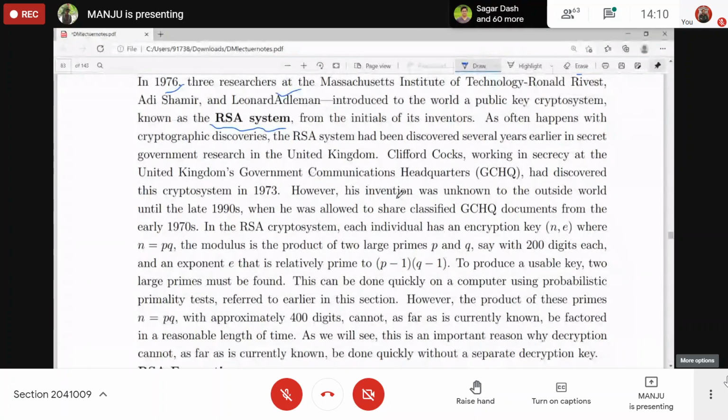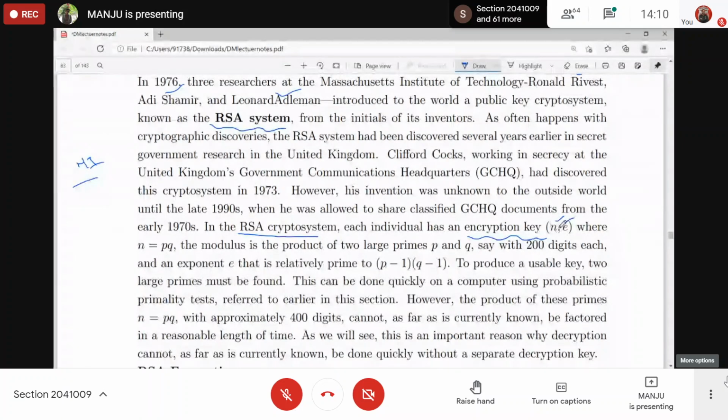How do we encrypt and decrypt in this one? For example, we have some message like stop, help, or hi. This is our message and we want to encrypt it. We use an encryption key, that is (N, E).